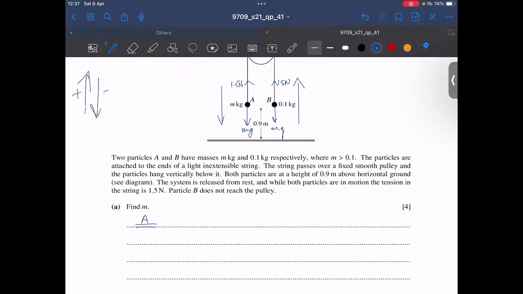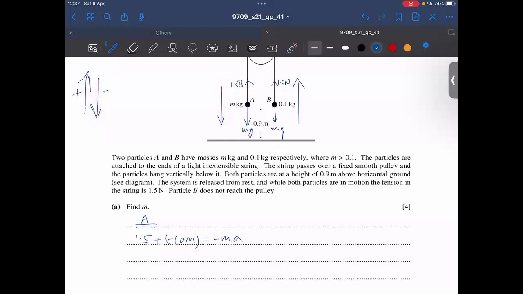So I have T as positive 1.5, and plus minus Mg, which is minus 10M, equals to any other force on A? No, we don't have any other force. It's going to be minus MA. Why minus MA? Because the acceleration of A is directed downwards and we have taken downwards as negative, so minus MA.